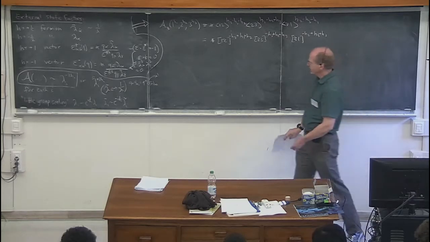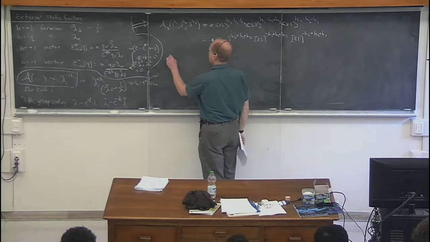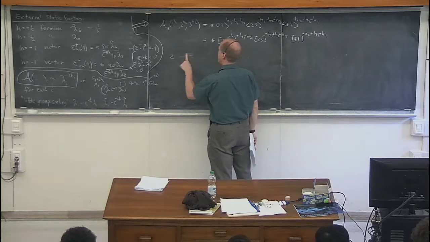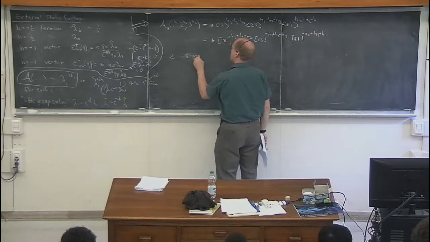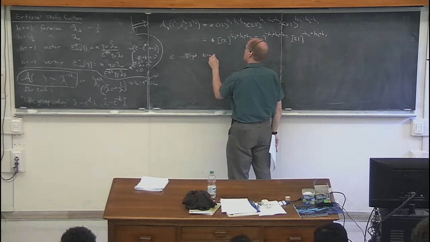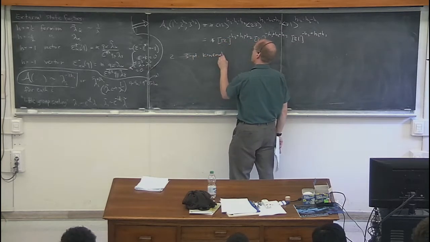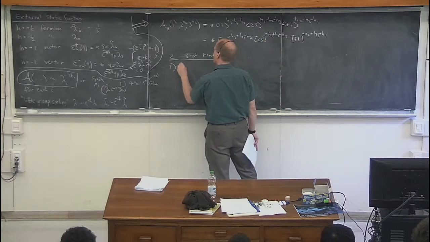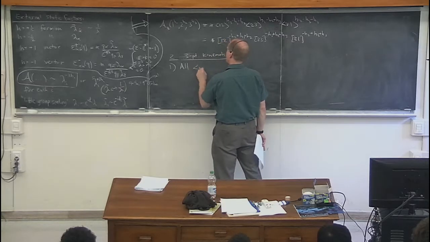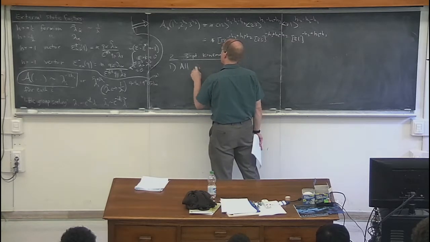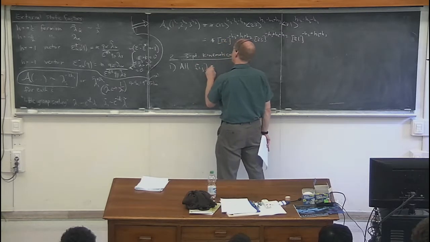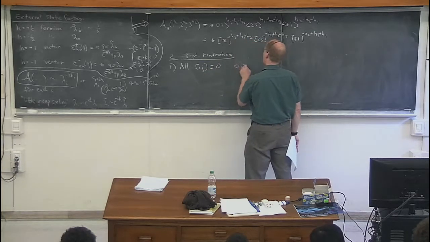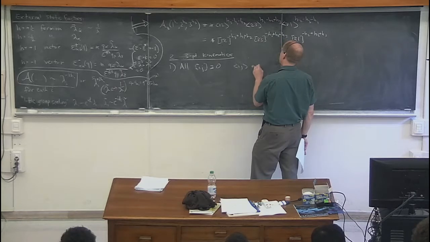Remember from last time there were two complex three-point kinematics. One was where we chose all three of the lambda tilde ij's to be 0, and the lambda ij's are non-zero.